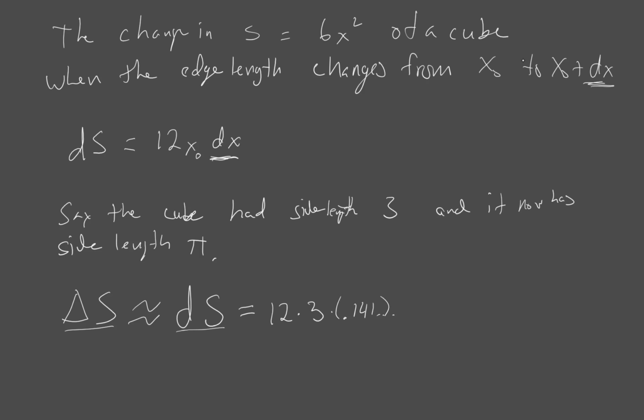So we're just going to estimate it at 12 times 3 times 0.14, since pi is 3.14159. Which is 36 times 0.14, which is about 5. So the surface area will change by about 5.